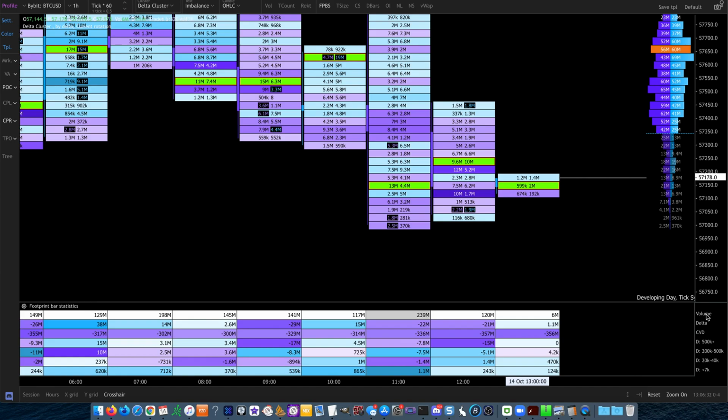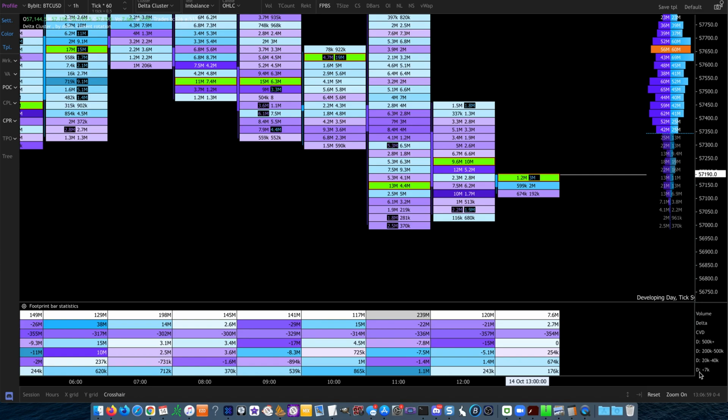So right here, volume, we can see this candle here had 120 million overall buys and sells combined. Delta, we can see here that this candle overall had negative 21 million delta. This is CVD, cumulative volume delta, something that is very important that we will get into in another session in this course, but you can see that for the entire candle.